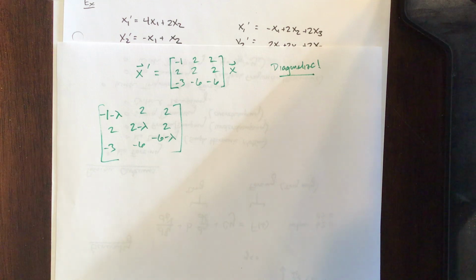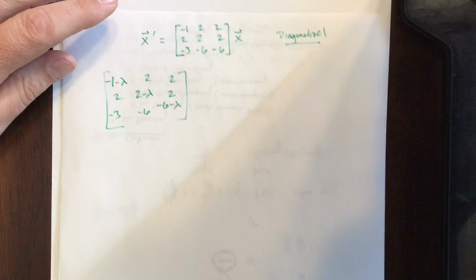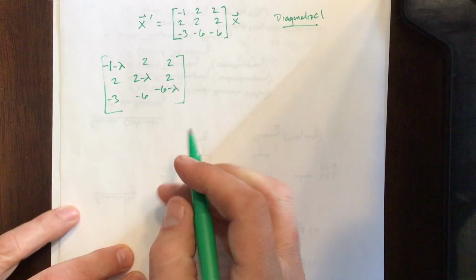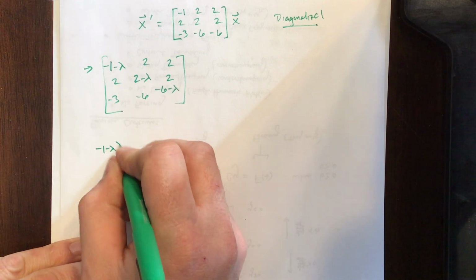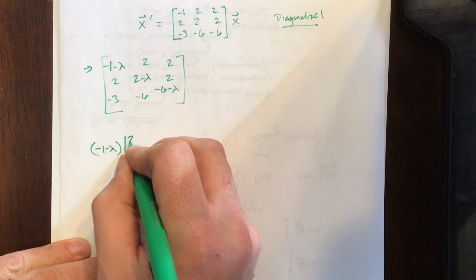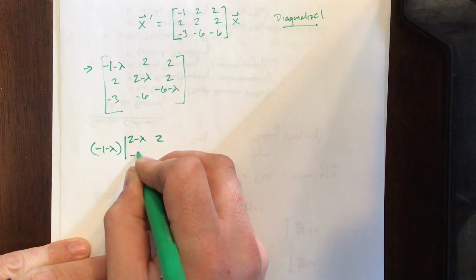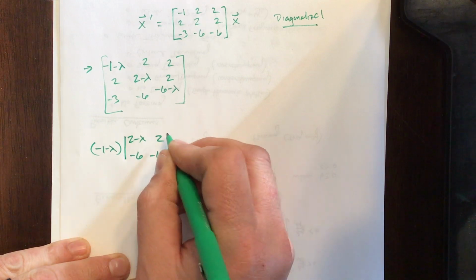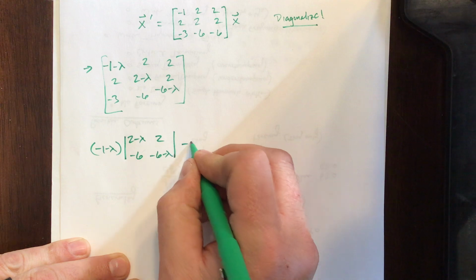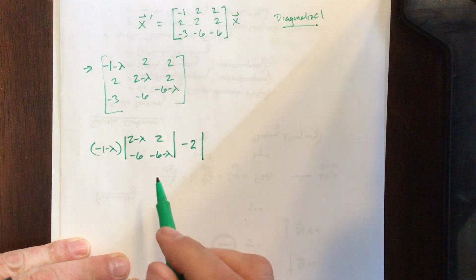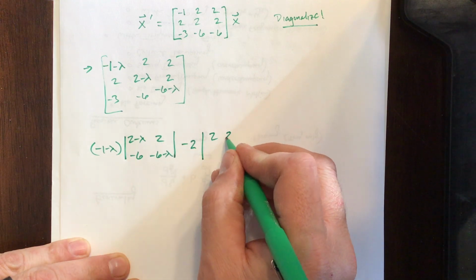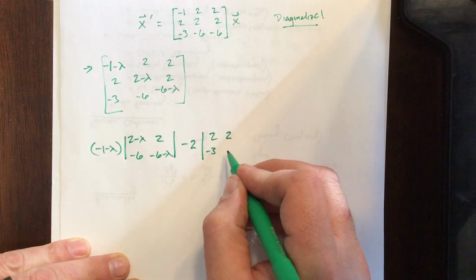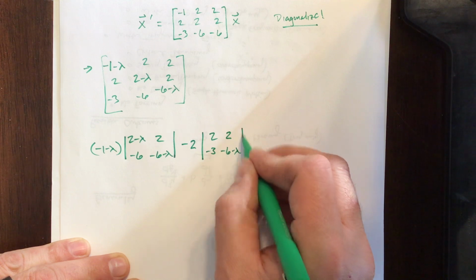All right. So hopefully this determinant isn't totally awful. We'll expand across the top row. So it's minus 1 minus lambda times 2 minus lambda, 2, negative 6 minus lambda, minus 2 times, cross out the row and column, we're at 2, 2, negative 3, negative 6 minus lambda.